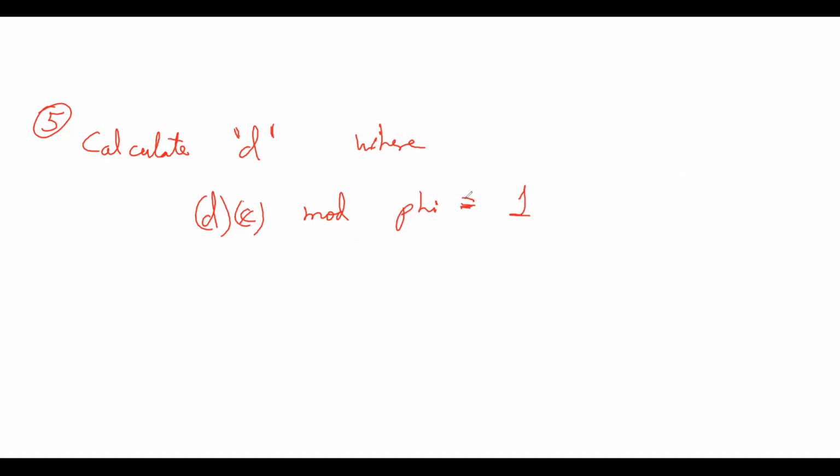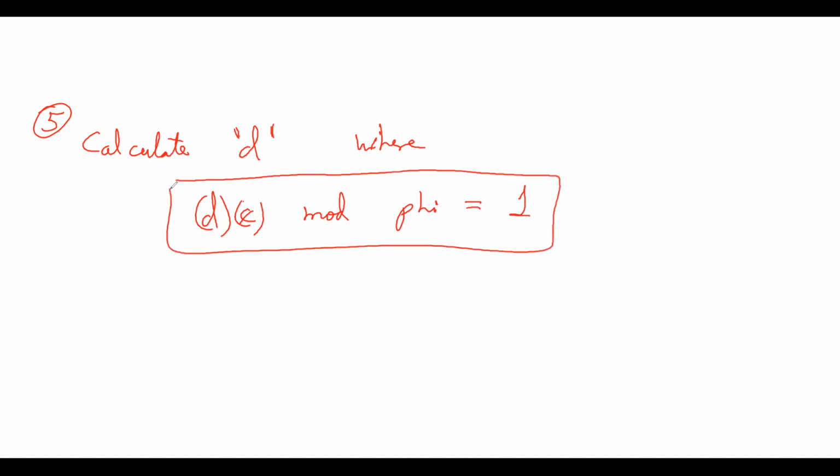And this is the equal sign, not congruency or anything like that, but the actual equal sign. So it should meet that condition, where this is 1. This D value is sometimes called the decryption exponent, and you'll see why in a second.